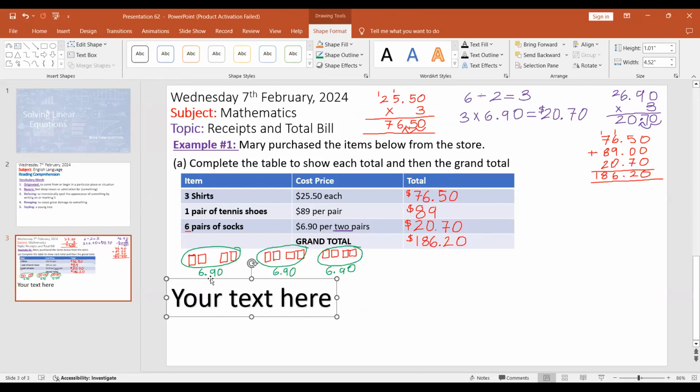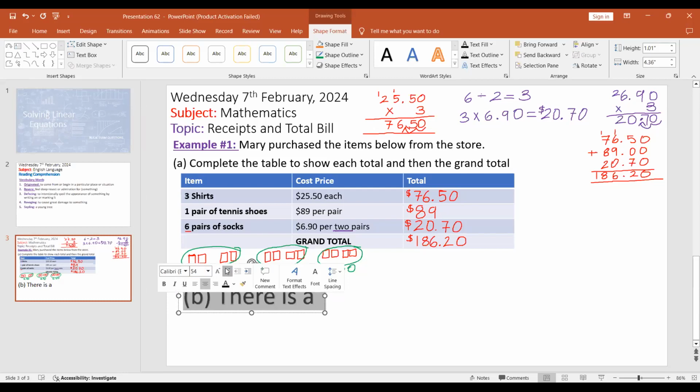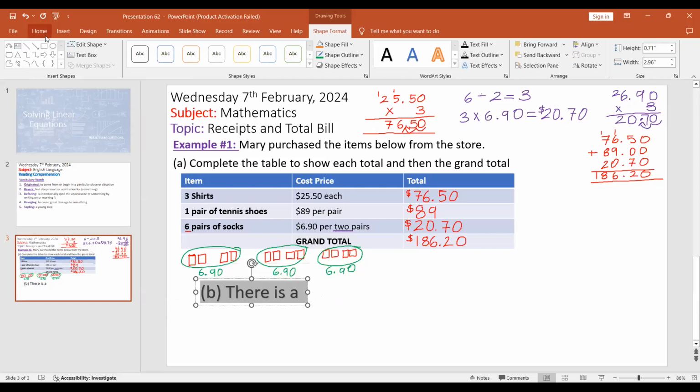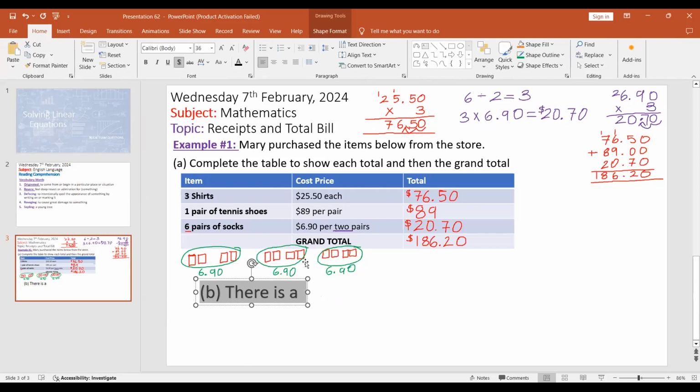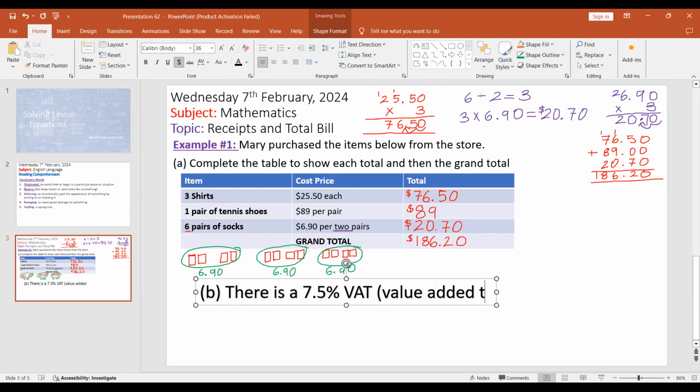The next part is part B. It says there is a 7.5% value added tax, or VAT. That's what VAT means, value added tax, added to the bill.